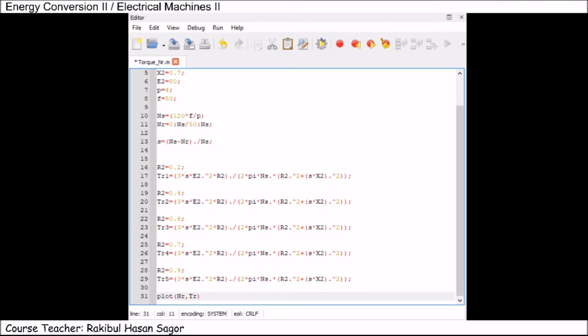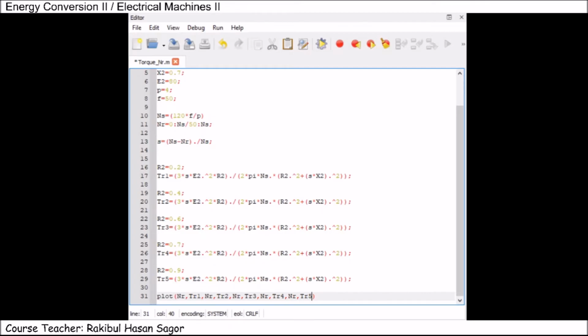Finally, we'll plot nr versus tau 1, comma nr versus tau 2, comma nr versus tau 3, nr versus tau 4, nr versus tau 5.